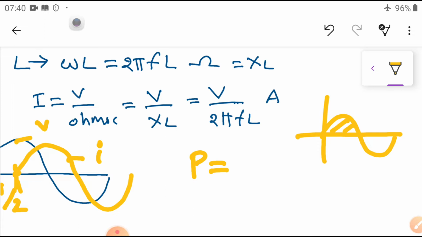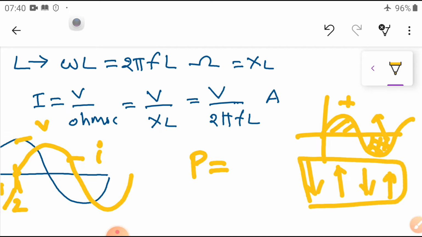During the negative cycle, whatever energy is stored in the form of electromagnetic field is given back to the line once again. So, during the positive cycle it will take, during the negative cycle it will give to the line. Similarly, it takes and gives in such a way that the net average power consumed from the line is equal to 0. Okay. We derived that equation also in a previous class.